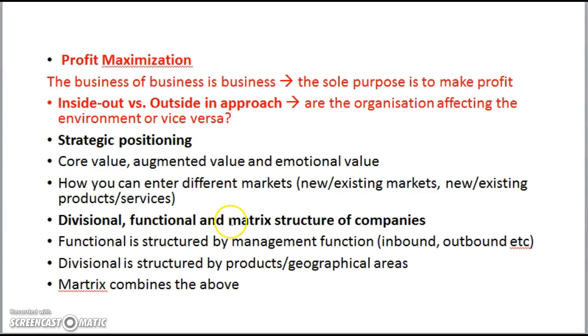Or is it a matrix structure? Matrix structure where we use the classical aspects of either functional or divisional, but where the specialists go through all the different either divisions or functions depending on the need.